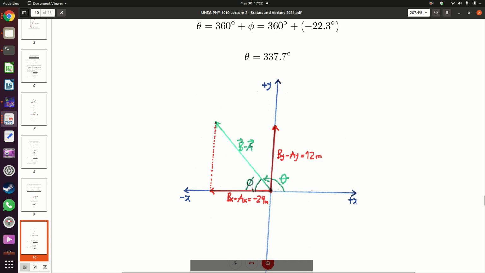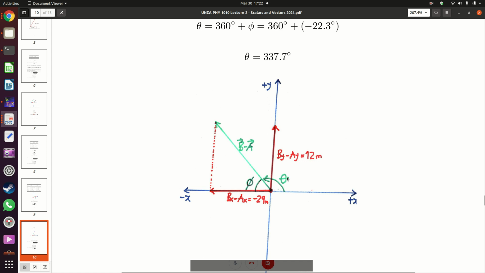We then add this phi to 180 degrees. The reason is that phi is measured from the negative x-axis in a clockwise direction, so it's negative, and 180 degrees plus a negative angle should give us theta.